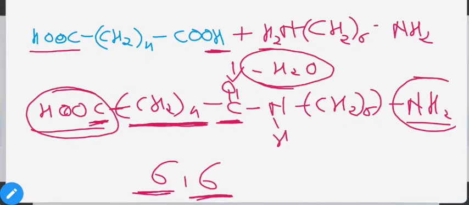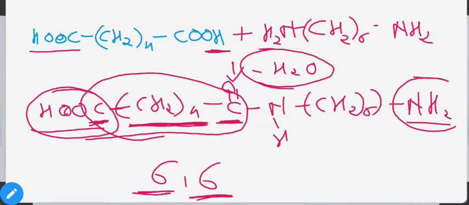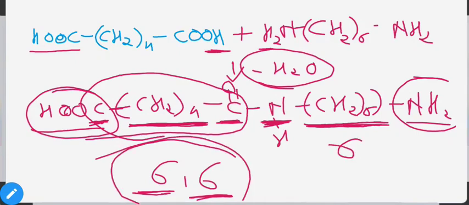Okay, so we have 6 continuous carbon chain here. On the other hand, carbons are separated by nitrogen and then we have 6 carbon chain straight. Okay, so again 6 carbons, so that's why it is called nylon 6,6.